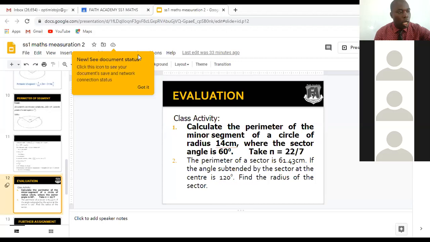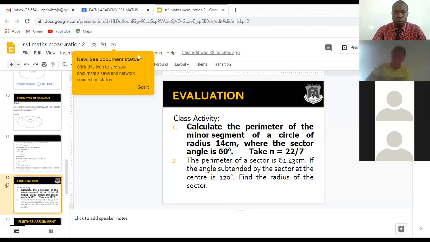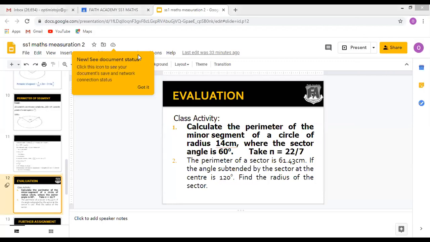If the angle subtended by the sector at the center is 120 degrees, find the radius of the sector. Remember that number 2 is talking about a sector, not a segment.